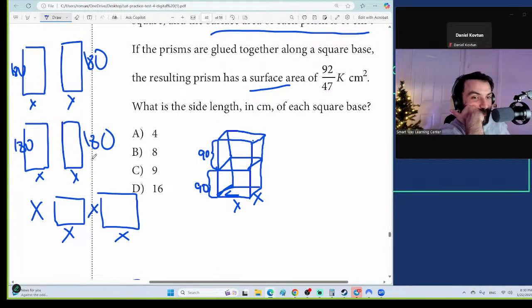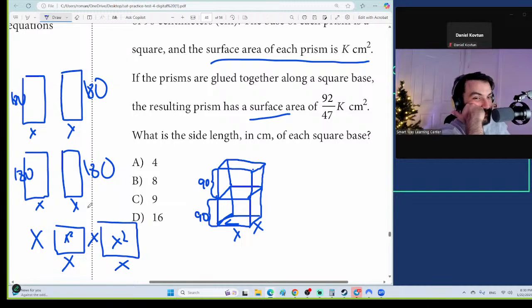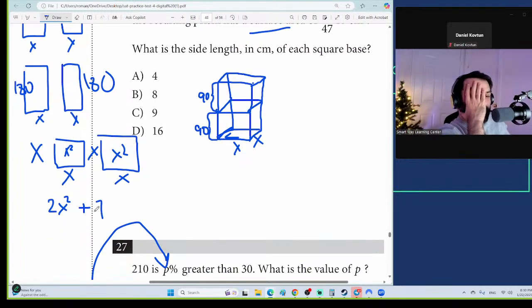If we add it all, we're going to have 180x four times, so 720x, plus x squared and x squared, so 2x squared.